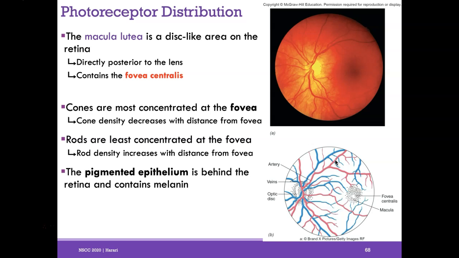And behind the retina, we have that pigmented epithelium, and that contains melanin. And again, that's going to be responsible for preventing backscattering of light. So we had melanin in chromatophores of the vascular layer, but we also have melanin in the pigmented epithelium.